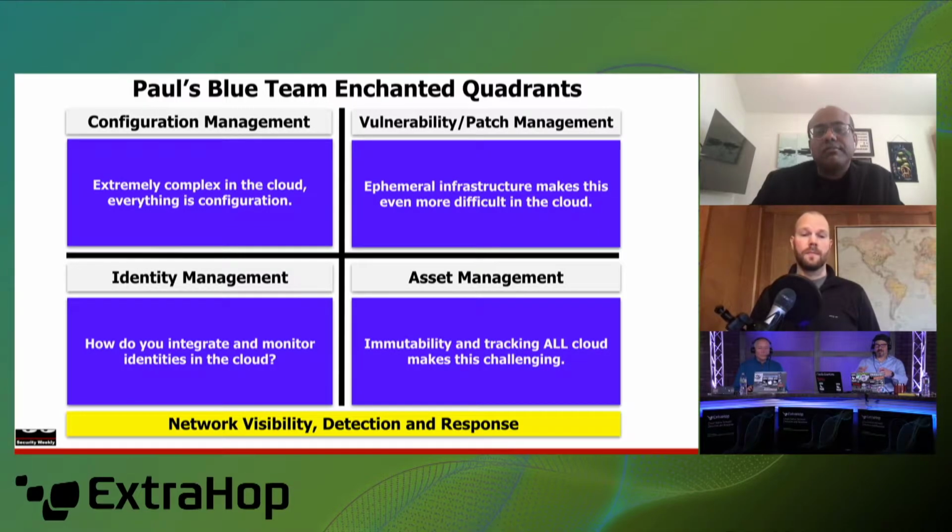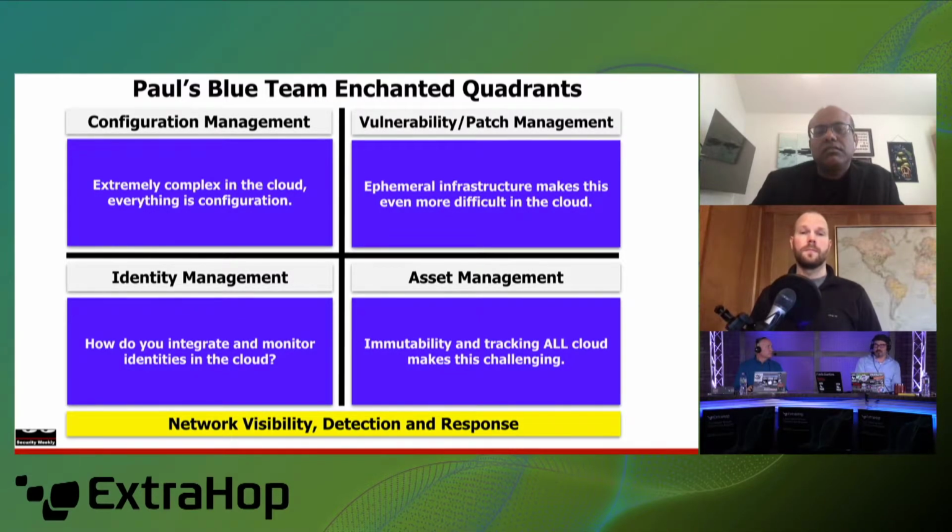Now, what I think is really nice is it all rides on top of network visibility, detection and response, because all of these challenges can be less of a challenge if you've got really good network visibility, detection and response capabilities locally, as your employees maybe are accessing the cloud from a network that you're monitoring, and also inside the cloud providers themselves.